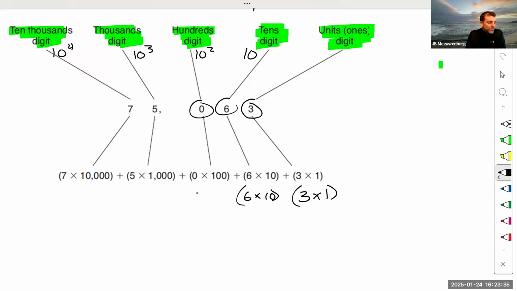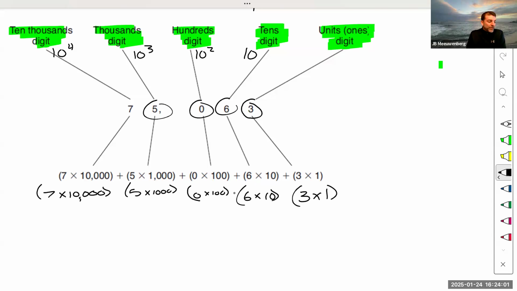We have 0 times 100 there. Again, there's that 0 that we use to say, hey, we don't have anything in this column. This 5 is really worth 5 times 1,000 because of where it exists in the number. And that 7 in the 10,000s place is worth 7 times 10,000, right?